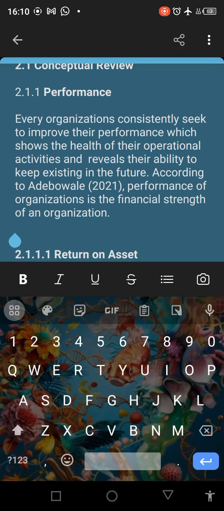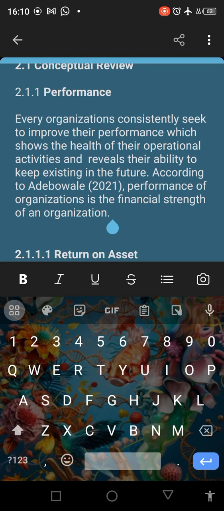Now, once I am done with this, probably there is another author that said something similar to this.